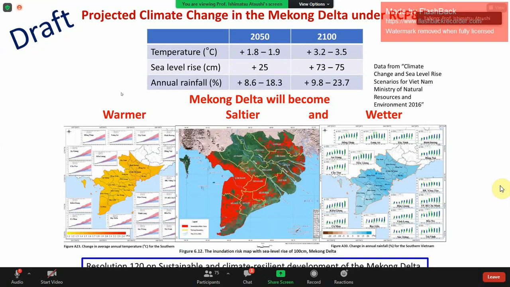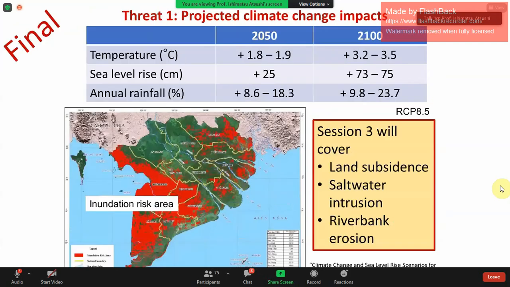And so I put numbers here, and I also put the maps here, okay? But the most important thing among these three is this one, sea level rise. So in the final version, I modified it into this one.